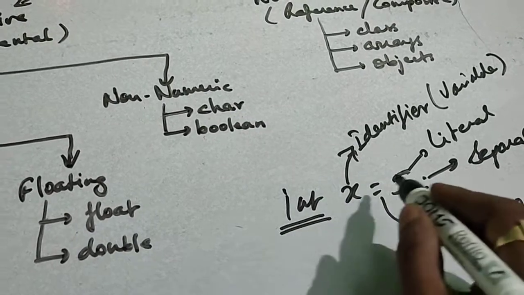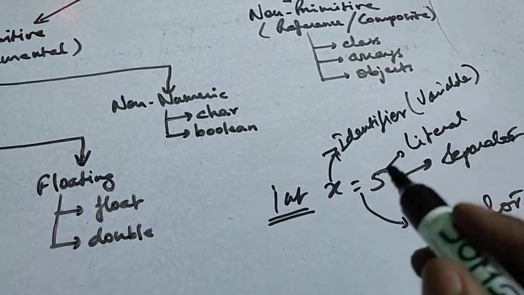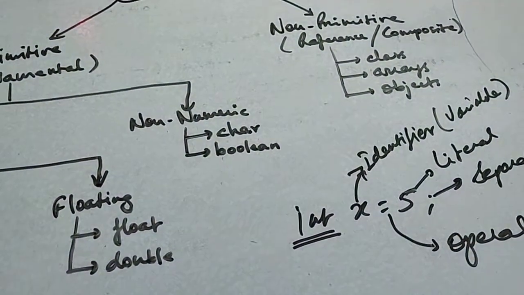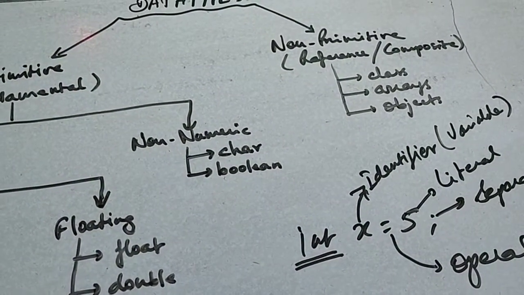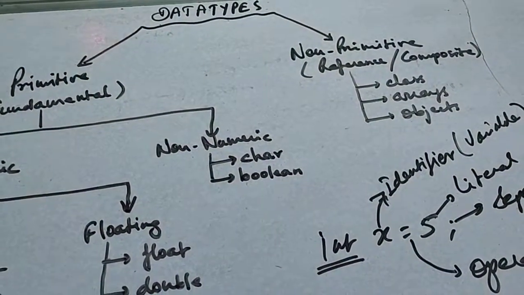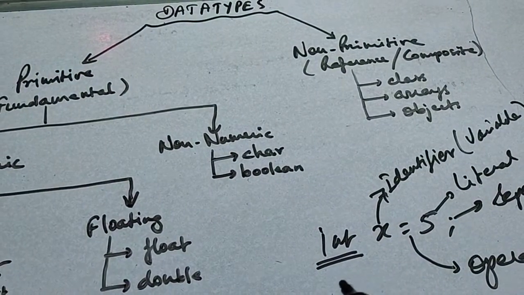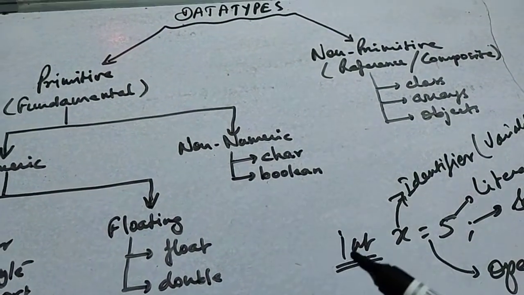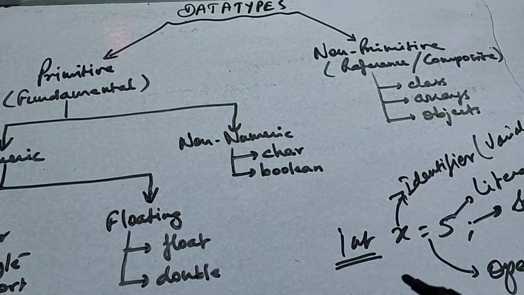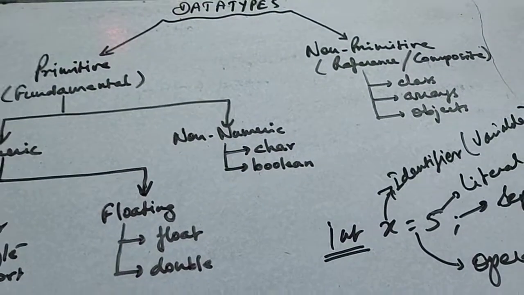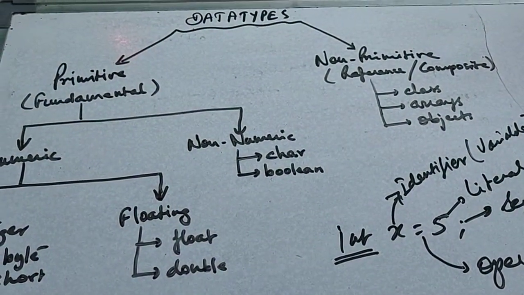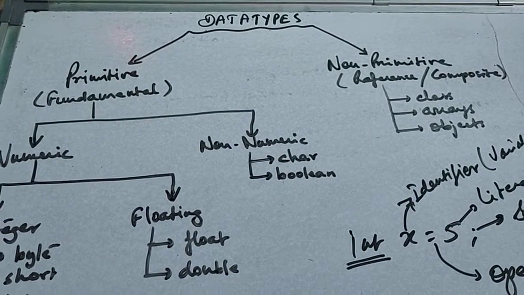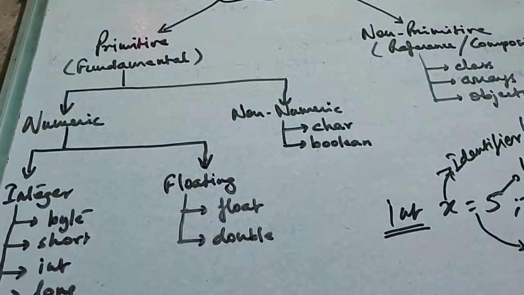So it tells us about the type of value that is being stored, that is being assigned to x. In other words, data types are nothing but keywords that signify the type of values that are assigned to a given memory location or to a variable.